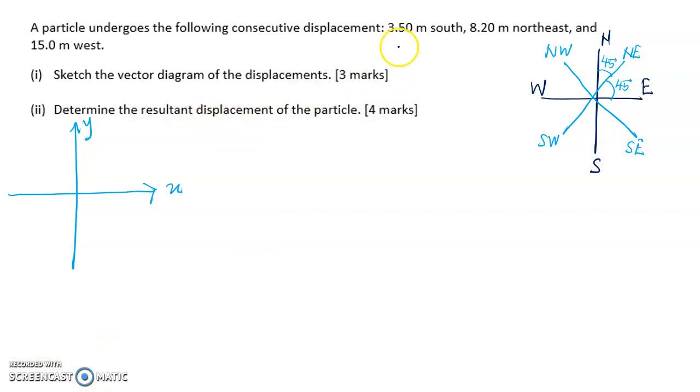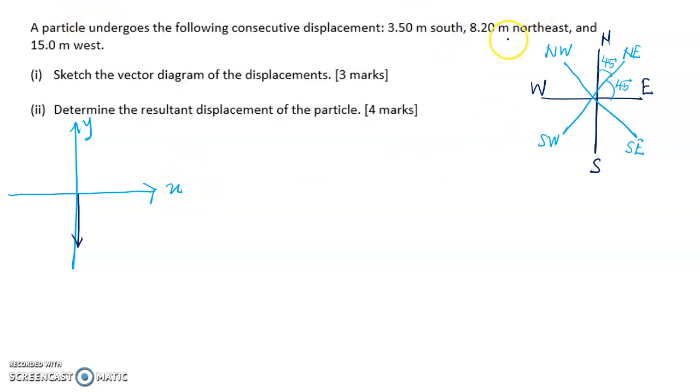First of all, it will be 3.5 meter south. South is the downward direction, or negative y direction, having a magnitude of 3.5. So let's assume the length here will be 3.5. This is going to represent the first path taken by this particle.